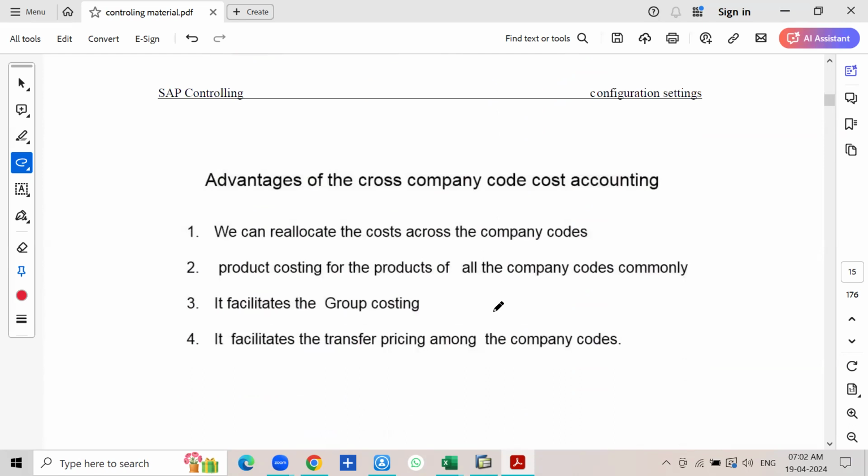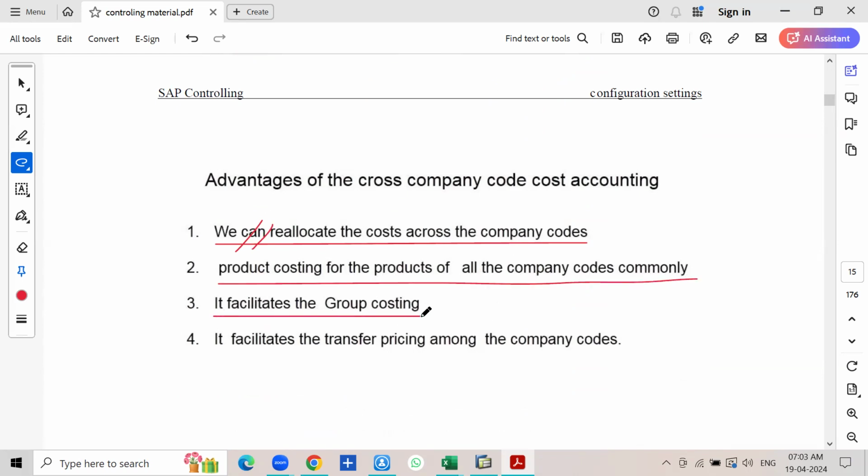In the case of cross-company code cost accounting, we can reallocate the costs across the company codes. This we will see in cost center accounting. Then product costing for the products of all the company codes commonly. It facilitates group costing and transfer pricing among the company codes.